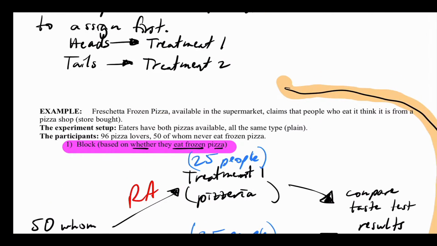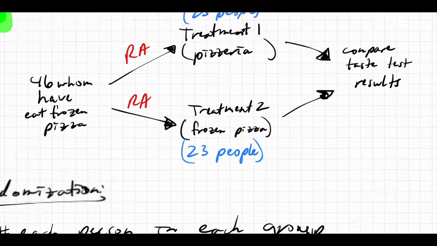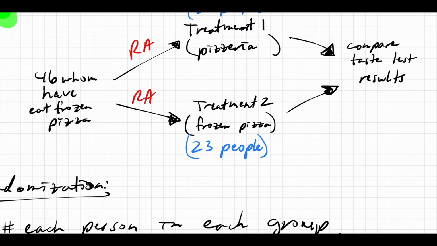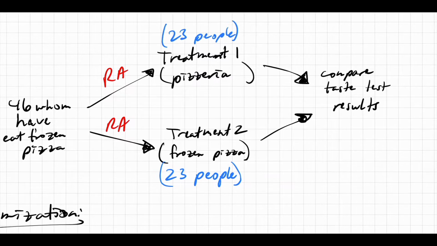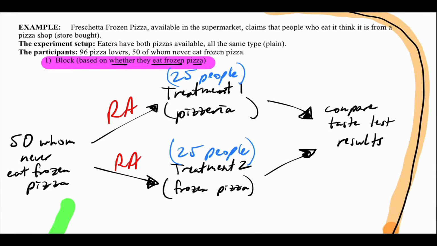Was it 96? So there were 96 total, right? 50 of whom are here. So that means there's 46 others, who are, I'm guessing, the people who have eaten frozen pizza before. You have to have two groups, at least two groups.